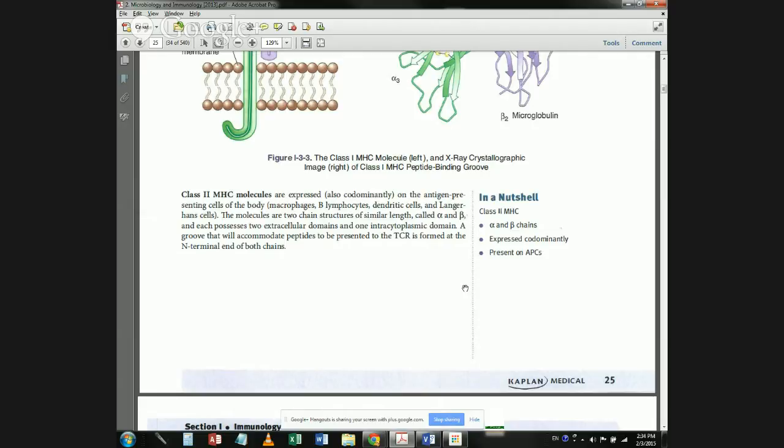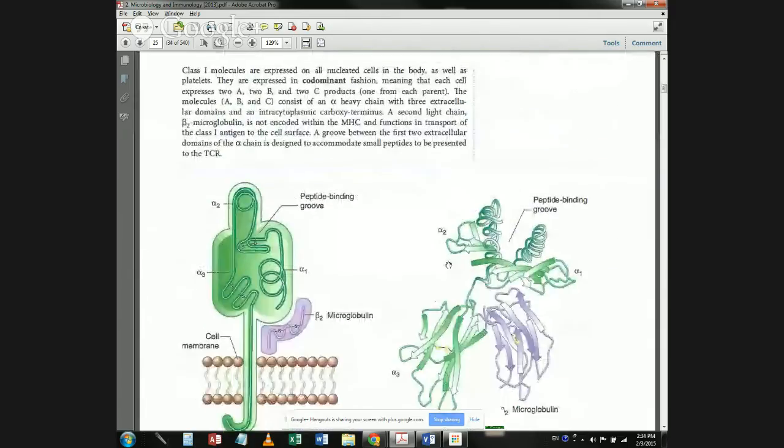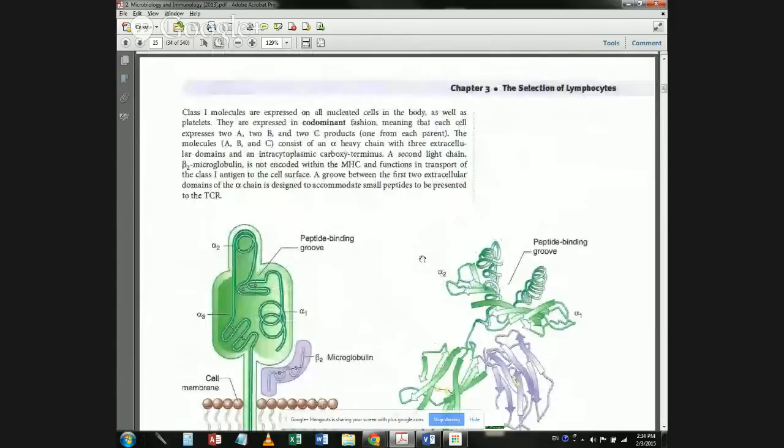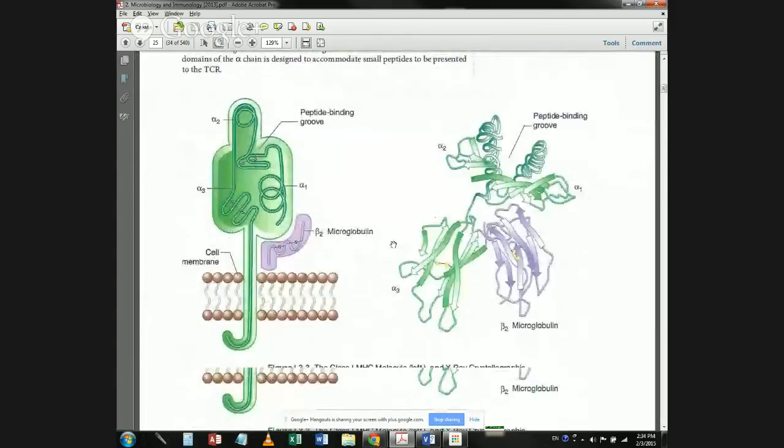These cells will transcribe and translate both alleles on both chromosomes to form proteins such as HLA-DQ, DM, DP, DR. And remember, the DM was just an escort protein. It's not really a surface molecule. It's just an escort.